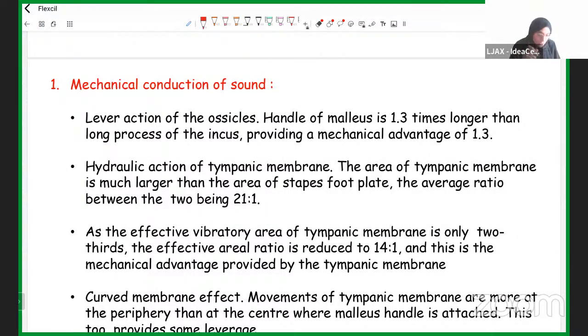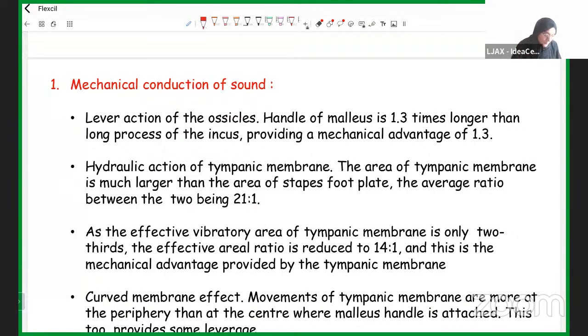So lever action of ossicles: the handle of the malleus is 1.3 times longer than the long process of the incus. Then the hydraulic action of the tympanic membrane: the area of the tympanic membrane is much larger than the area of the stapes footplate. So the average ratio between them will be 21:1.